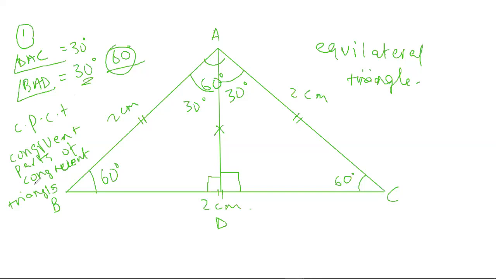So CPCT, 30 degree is equal to 30 degree. What it means is that if this is 30 degree, this is also 30 degree. Why? Because by the law of CPCT, this angle can be equal to this angle only and only if these 2 triangles, that is triangle A and triangle B, have been proved congruent. Only then can you apply the law of CPCT.